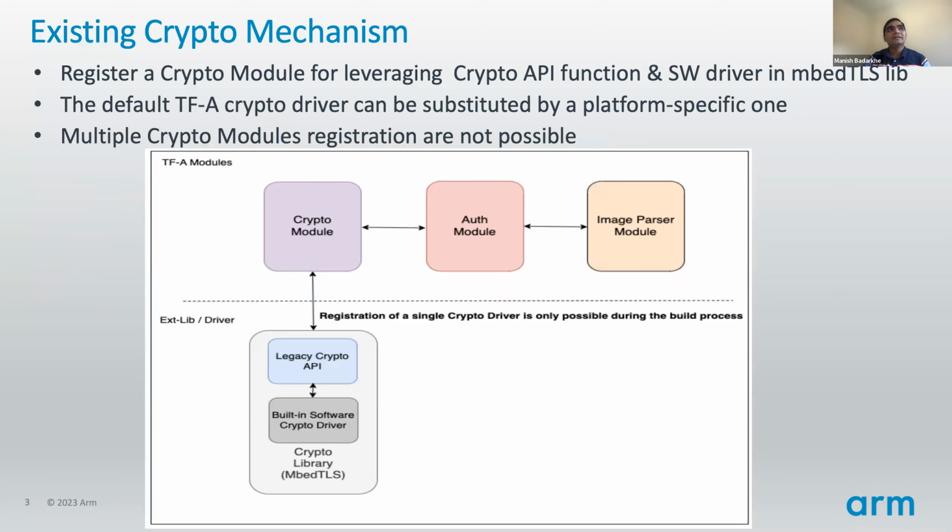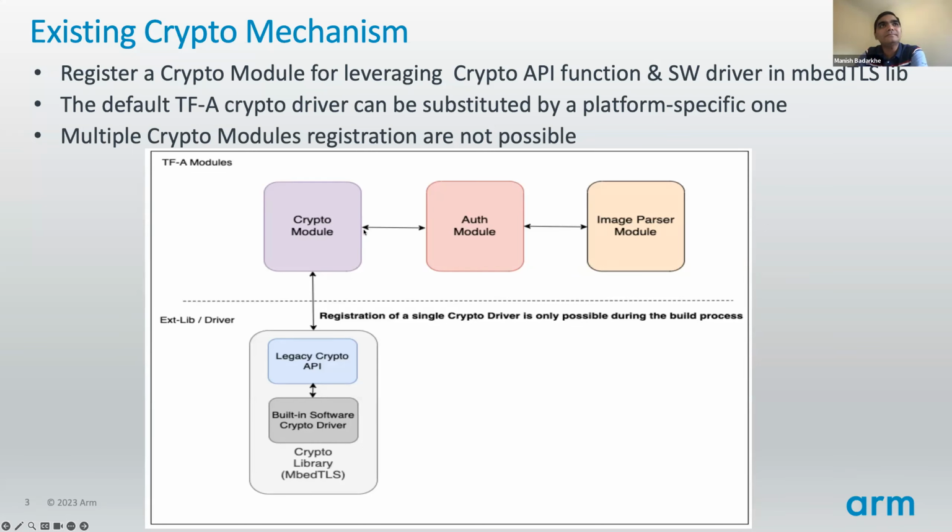Currently the existing crypto module in Trusted Firmware leverages the crypto API functions using the software driver present in mbed TLS. In this diagram we have various modules like the crypto module, authentication module, and image parser module, all taking part in the authentication process. But today we are mainly concentrating on the crypto module.